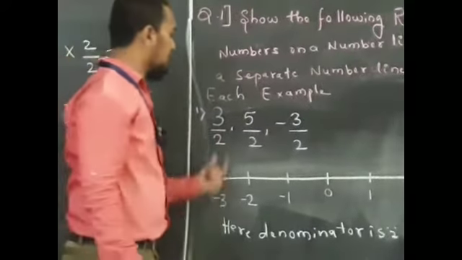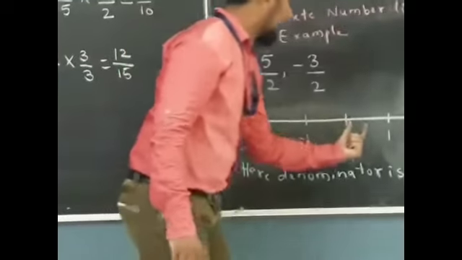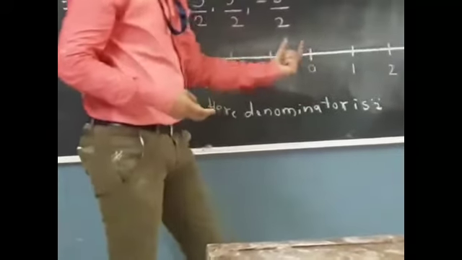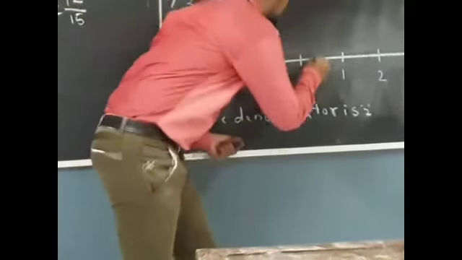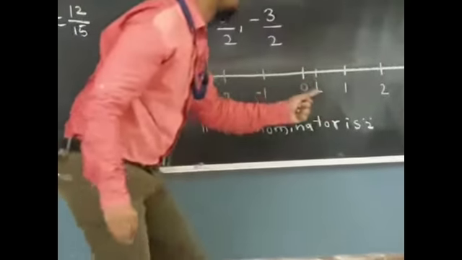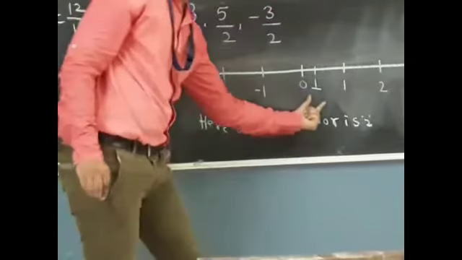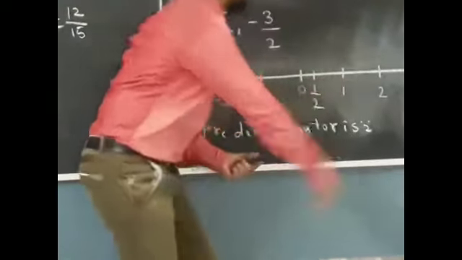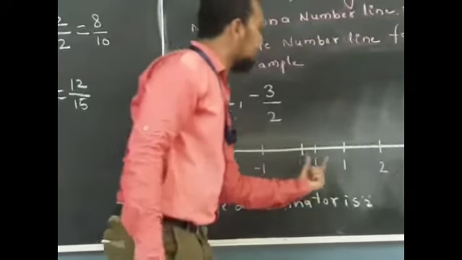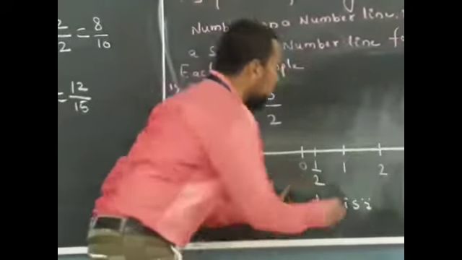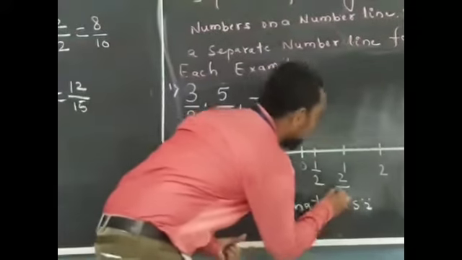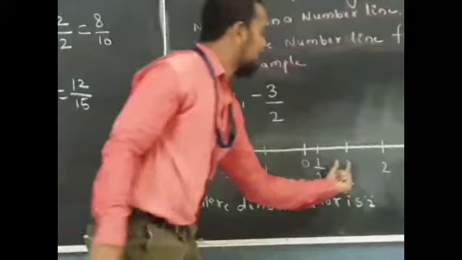3 upon 2. Here we add 2 units. Consider 1, 0, 1. The 1 upon 1 is as it is, upon 2 as the denominator. Next, 2 units in between 0 and 1. 2 units means 2 upon the denominator 2. The 2s get cancelled.